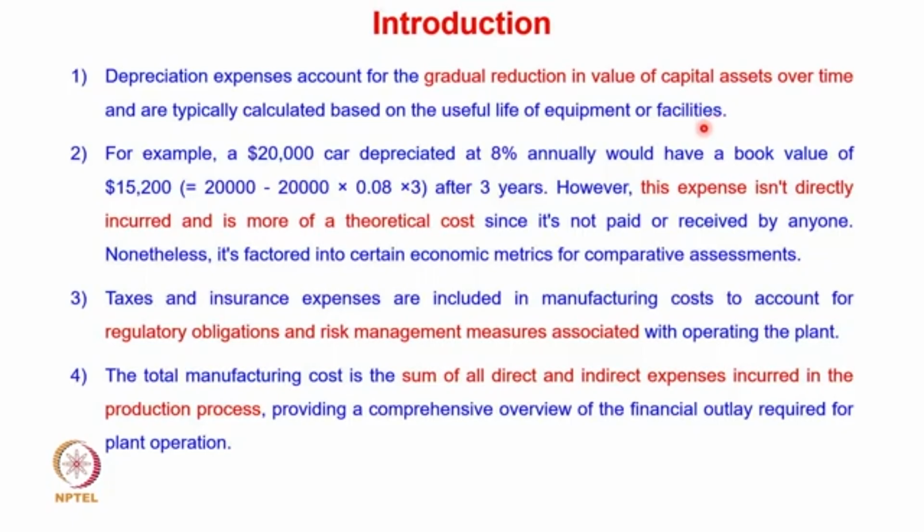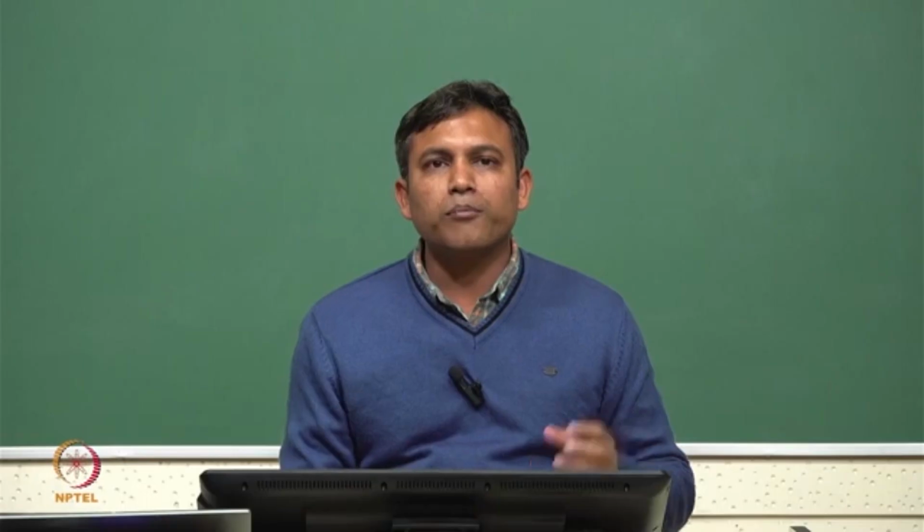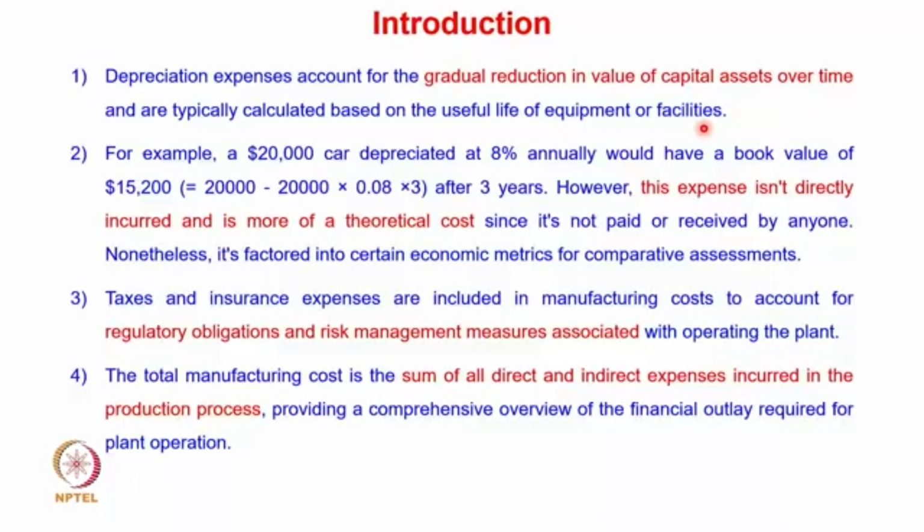So what we are saying is, over the use of the plant, the plant equipment erodes, wear and tear takes place, and because of that we have to include the cost associated with that, and this cost we call depreciation. For example, let's take a $20,000 car that is depreciating at a rate of 8% annually.